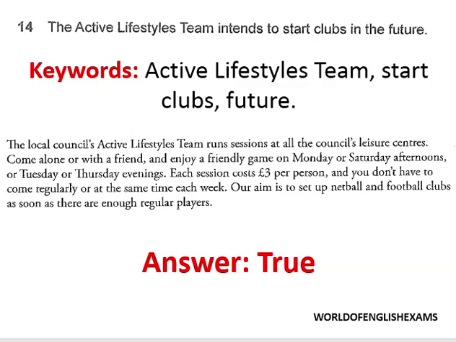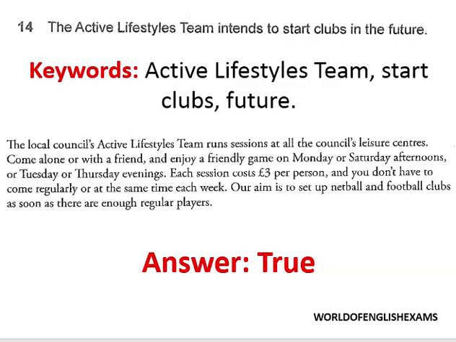So what are they waiting for? They are waiting for regular players to join. So far, because there is no compulsion, people are coming and going whenever they wish to. But now, what are they looking for before they set up a club? They are looking for regular players to be a part of the team. So the answer is true.